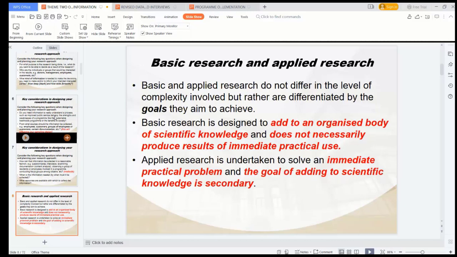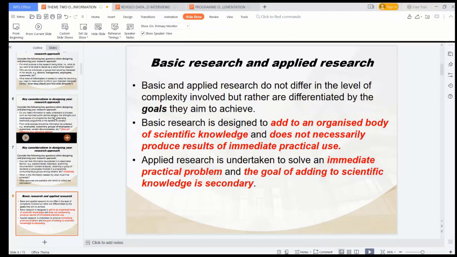Two months ago, I think it was last month, we cited an example of a cholera outbreak at Hammanskraal. If one was to commission research on how to address cholera at Hammanskraal, it would be referred to as applied research.